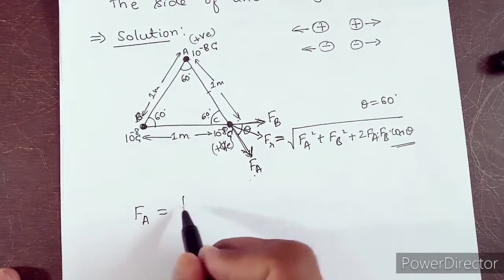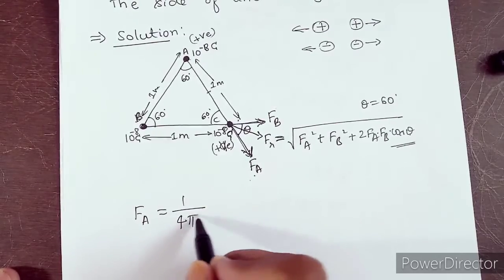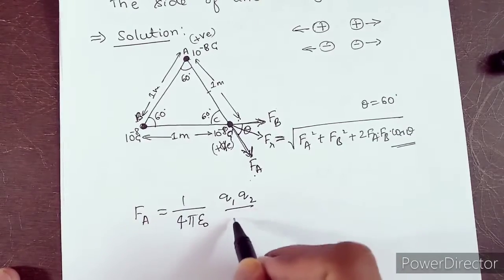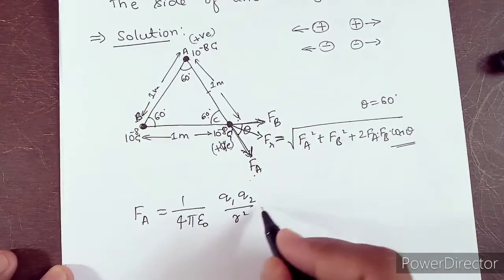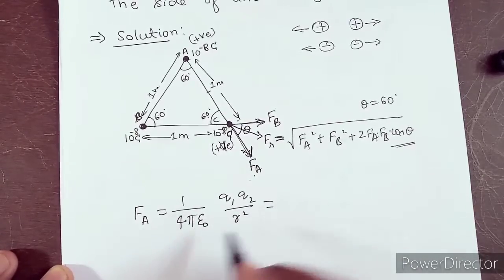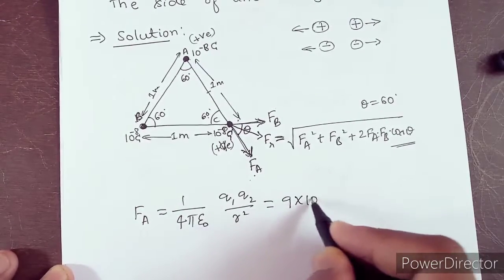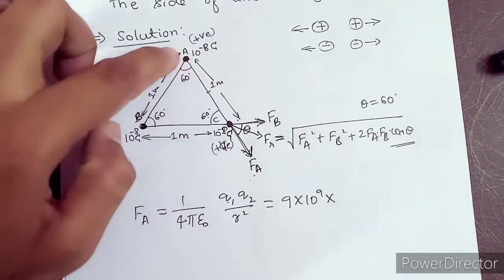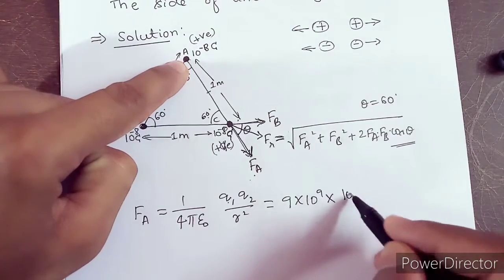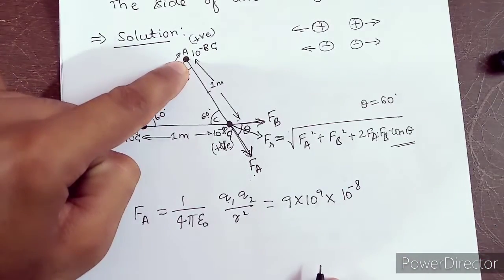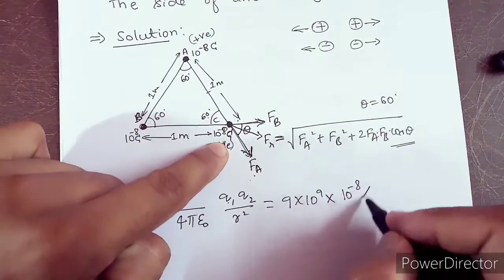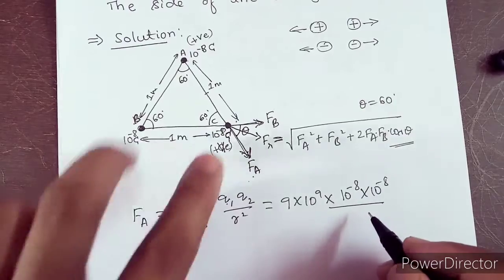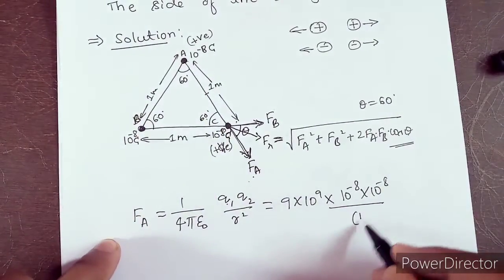according to Coulomb's law, force between any two charges is given by 1 by 4 pi epsilon naught Q1 Q2 by R square. So that is equal to 1 by 4 pi epsilon naught, which is 9 into 10 to the power 9, into Q1. So we are finding the force between these two. Q1 can be considered 10 to the power minus 8, and Q2 is 10 to the power minus 8 here, divided by R square, the distance between them, 1 meter whole square.